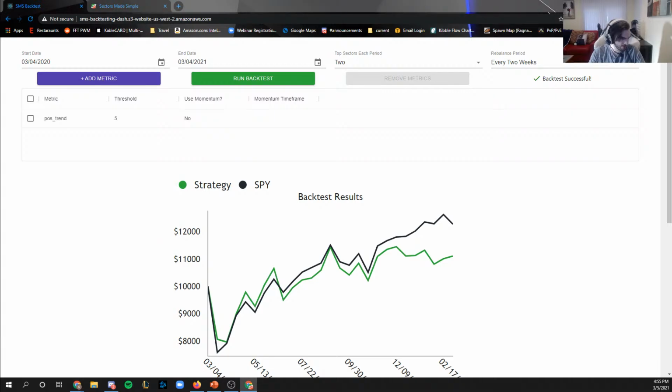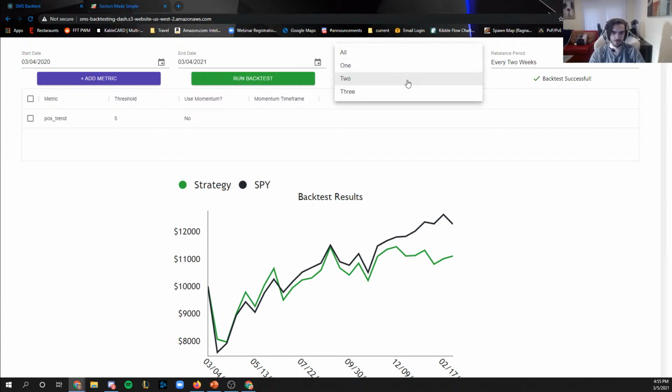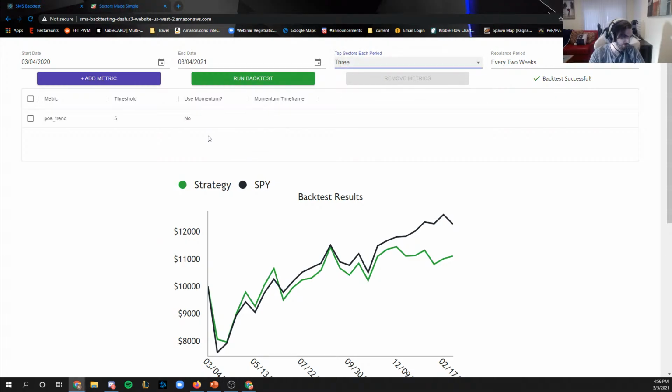Lucia wants to test a strategy. Top 3 sectors with X counts every 2 weeks for the past 6 months. Lucia, what number do you want to see for the X count? And I'm assuming you mean momentum, correct?